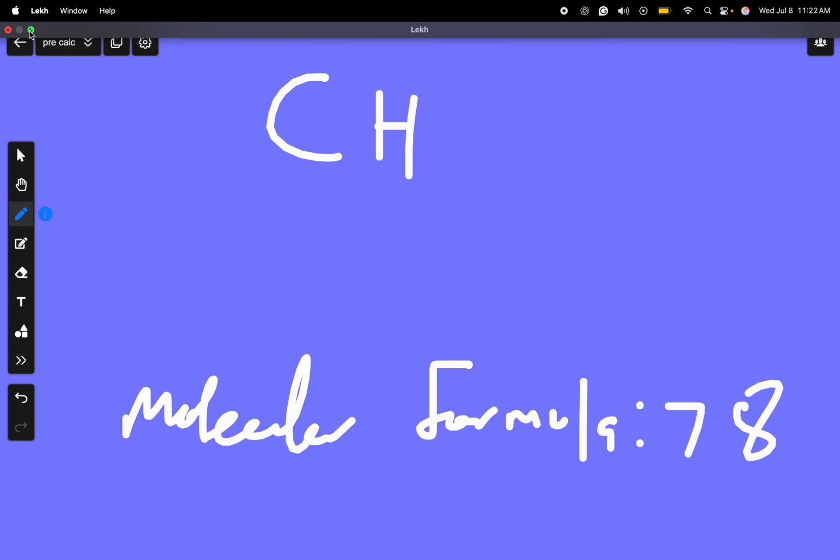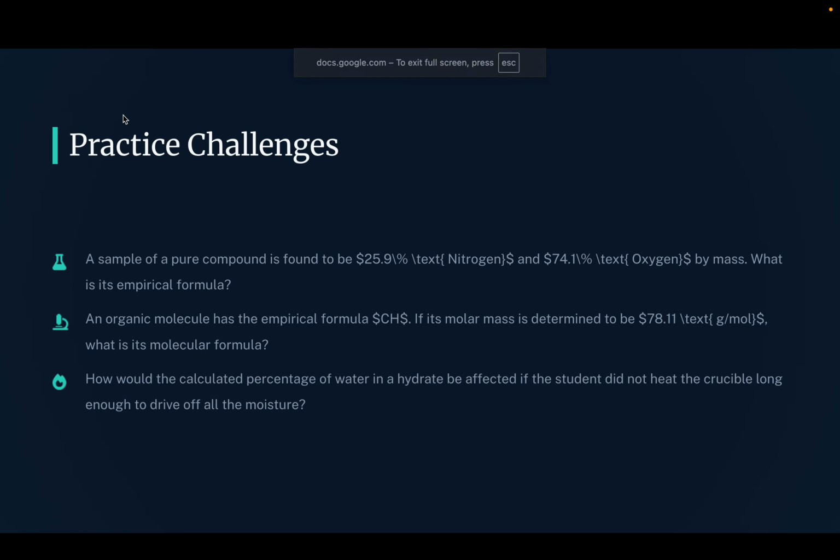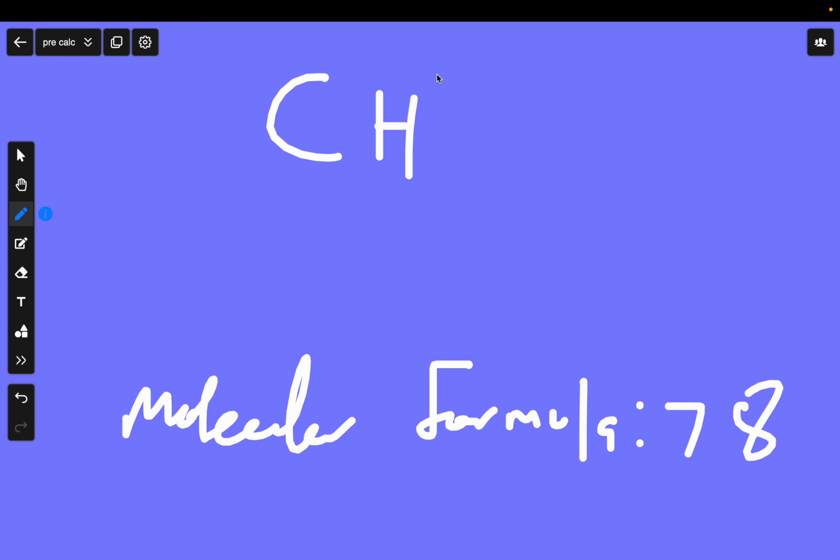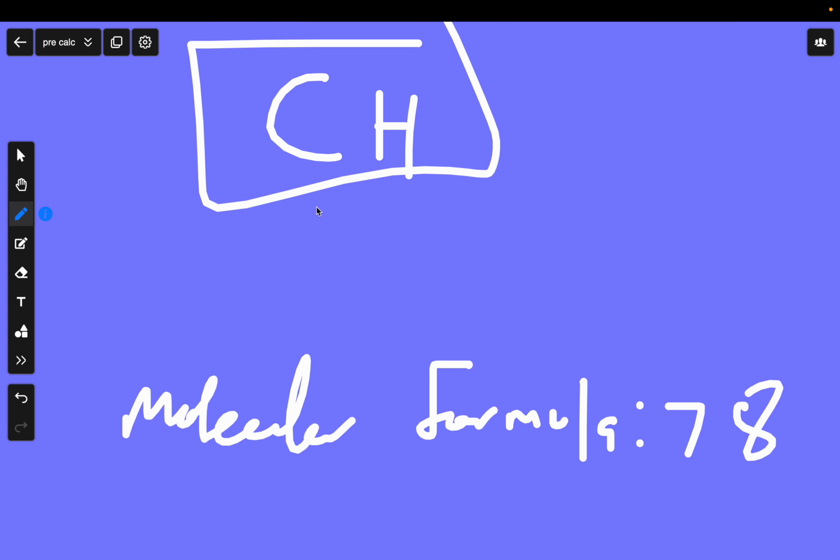I'm pretty sure it's a 78. So the molecular has a mass of 78. What is the molecular formula? The reason I know the molecular has a mass 78 is because CH is just 12 plus 1. So this thing right here has a weight of 13. So that's how I knew the 78 belonged to the molecular one, because this thing is not heavy enough to be 78.